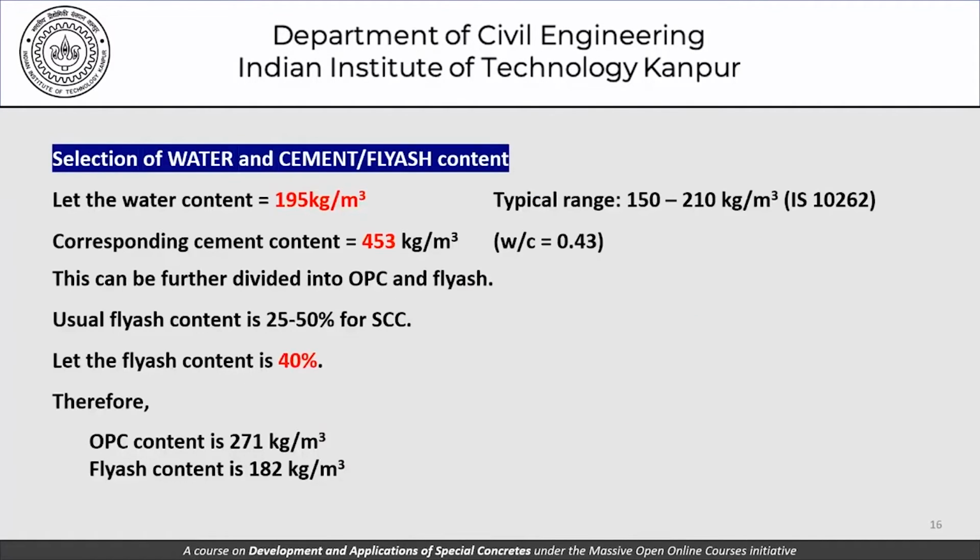We assume the water to be 195 kg per cubic meter. Now the typical range that is given for us as far as IS 10262 is concerned is 150 to 210. We begin with 195 based on past experience. Now you will realize that a lot of mix proportioning exercise has past experience and given values.